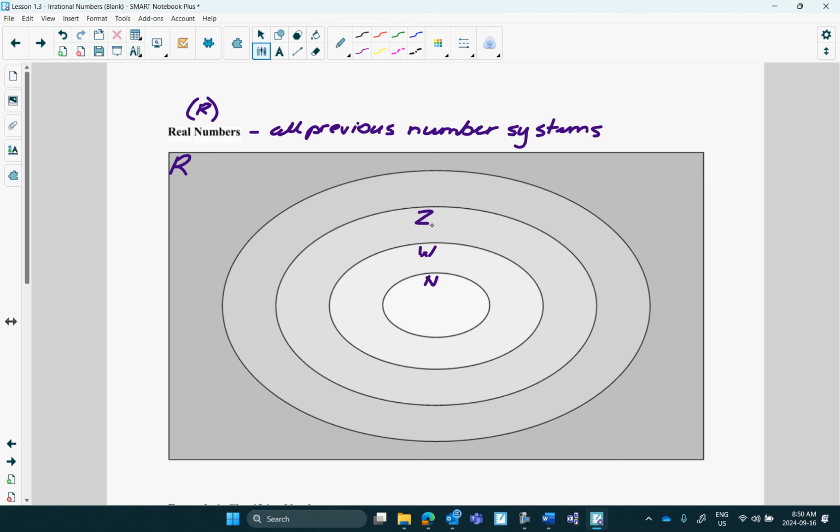And all of these can be written as fractions. If you can't write it as a fraction, it's outside the Q oval, but it's still in the rectangle. So all the irrationals, the ones that you can't write as fractions, are there.